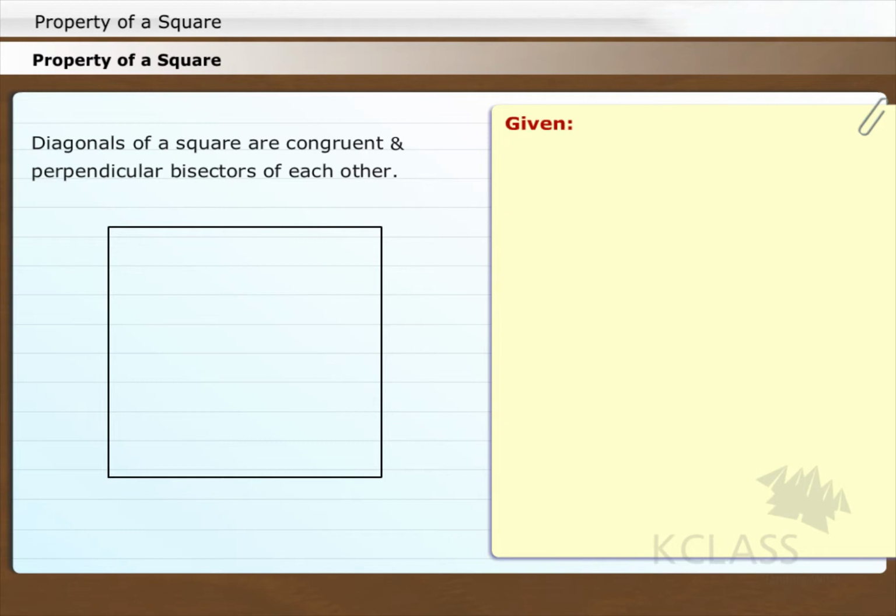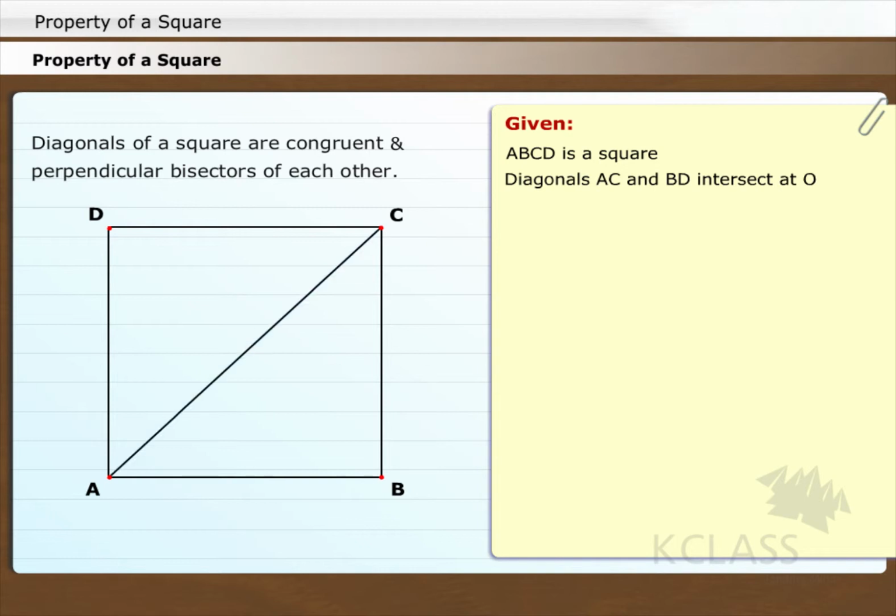Let us consider a square ABCD. It has diagonals AC and BD intersecting at O. We need to prove that AC and BD are congruent and perpendicular bisectors of each other.